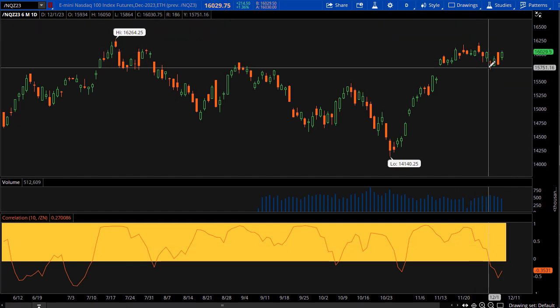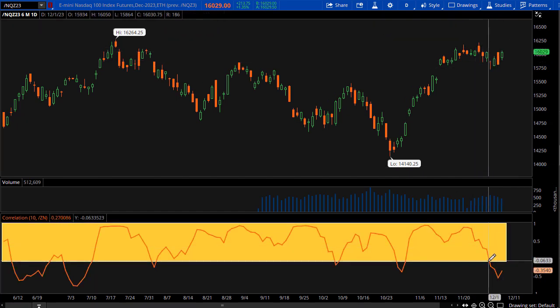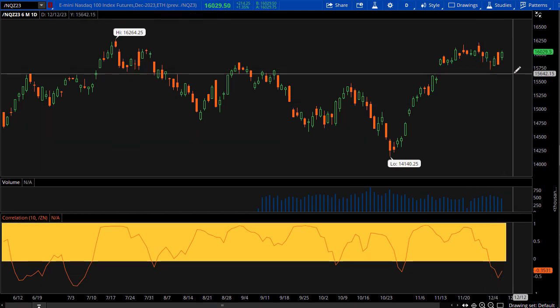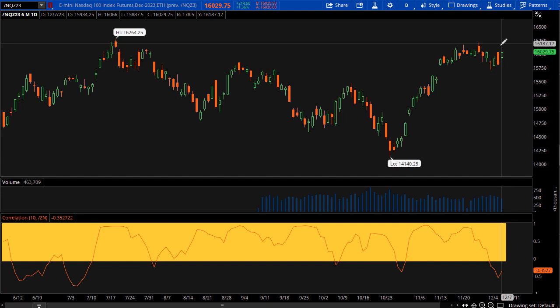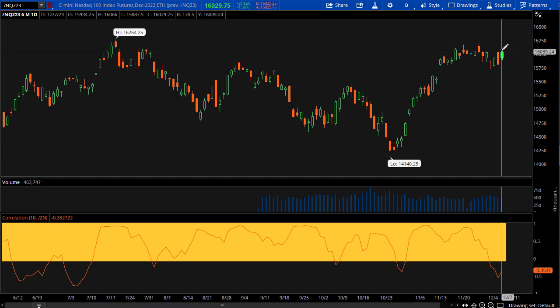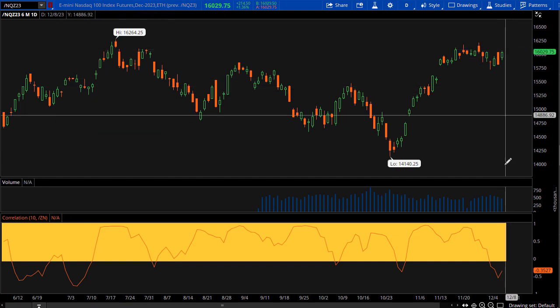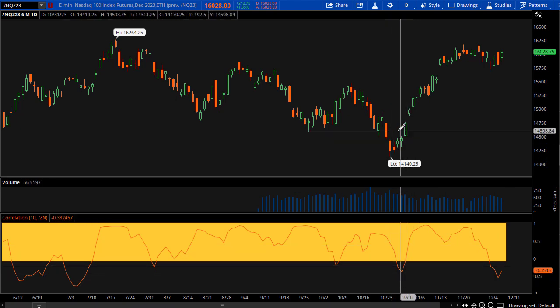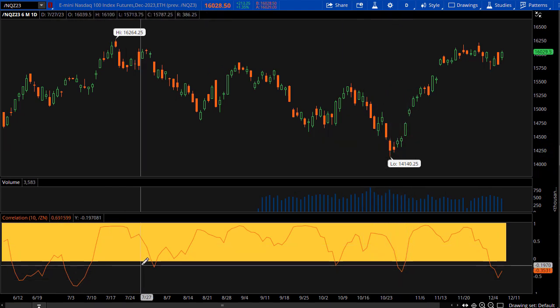So this little recovery over the last 4 days, as we've gone highly negative, that's going to set us up for the idea that we're probably either going to see bond prices jump and yields fall again, or we're going to see bond prices stay where they're at and the Nasdaq drop really quickly here. And we can go back historically and say, when did that happen? That was a pivot point. When did this happen?